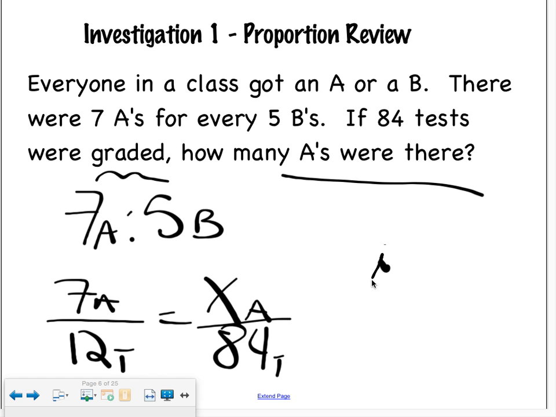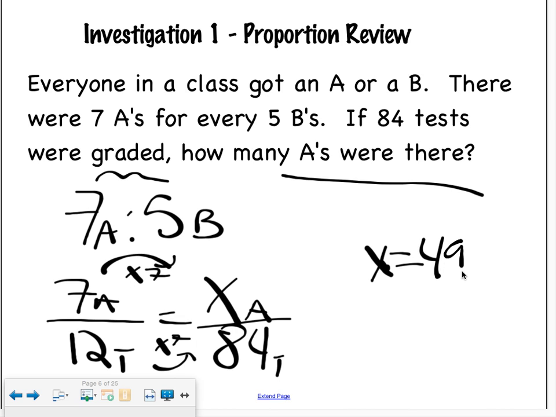When we solve this, again, we can scale or cross multiply. 84 divided by 12 is 7, so you would multiply by 7 up here. So X equals 49, and we need to say A's. That is the answer.